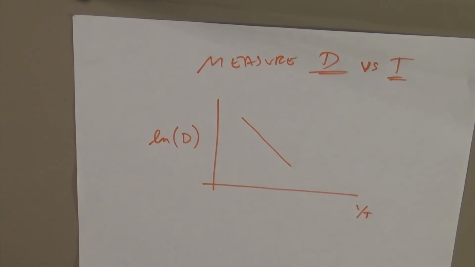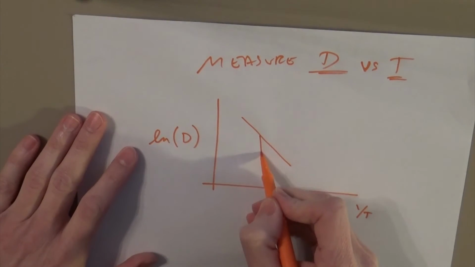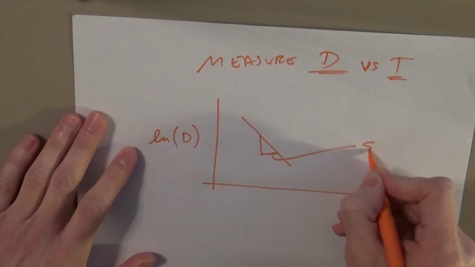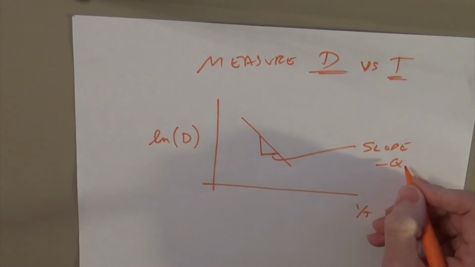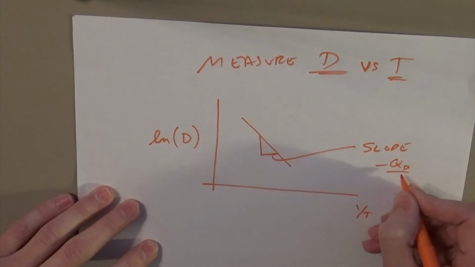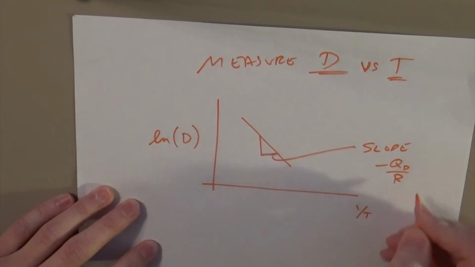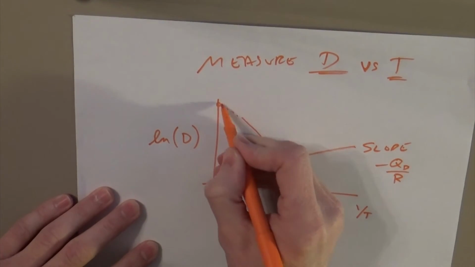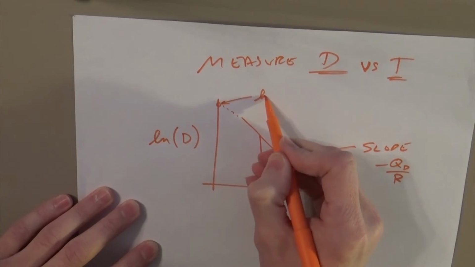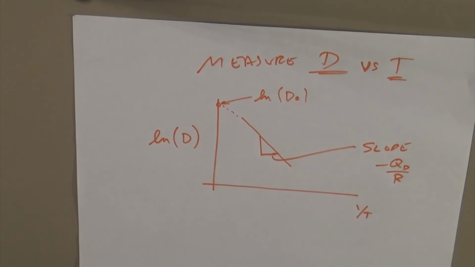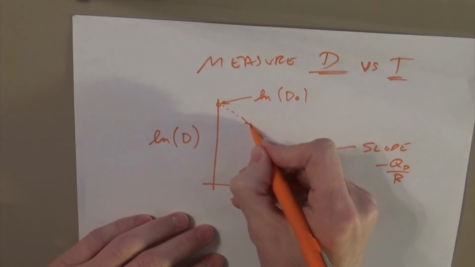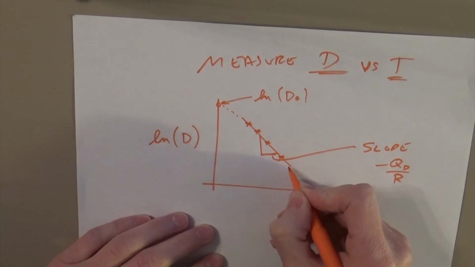Now the slope is going to be your minus Q_D over R, and your intercept is the natural log of your pre-exponential. Those pre-exponentials are not easy to directly measure, but you can extrapolate them from a data set. So this is some set of measured data points.